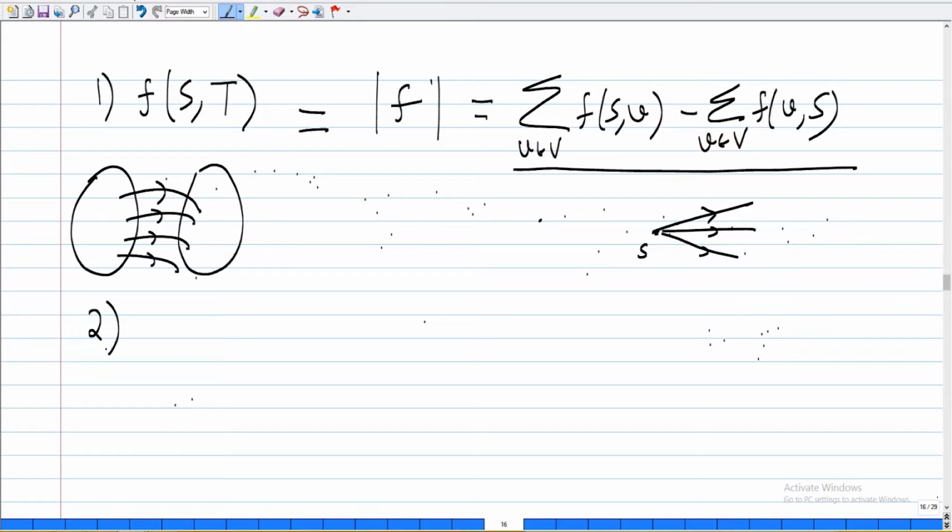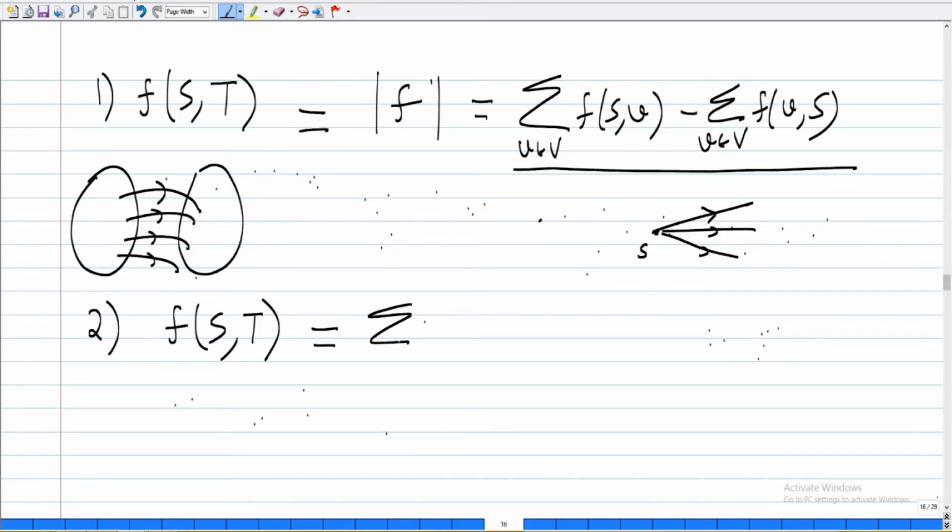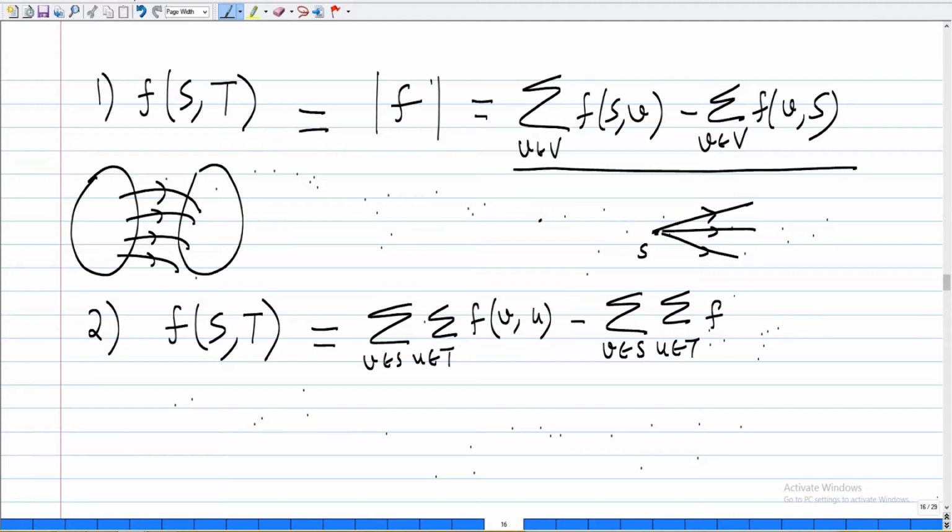Next very interesting thing, right, is f(S, T), and this is going to give us the upper bound, right? So I wish I could cut and paste. It is this formula, right? So let me write this formula again. It is the summation over v belonging to S, summation over u belonging to T, f(v, u) minus the summation over v belonging to S, u belonging to T, f(u, v).